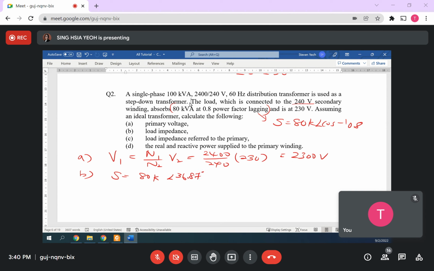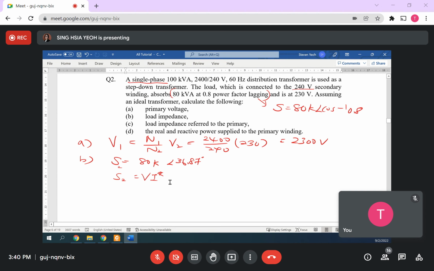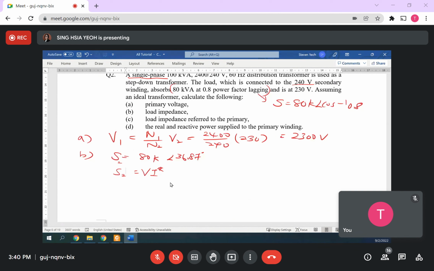Okay, then you can use S2 equals to, sorry, not E. We use VI conjugate, because it is single phase here. If 3 phase, then 3 VI conjugate. So from here, you can get your I, right? You want to get I.